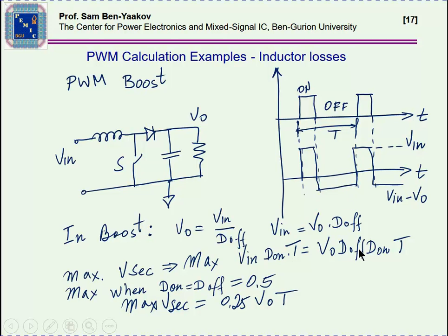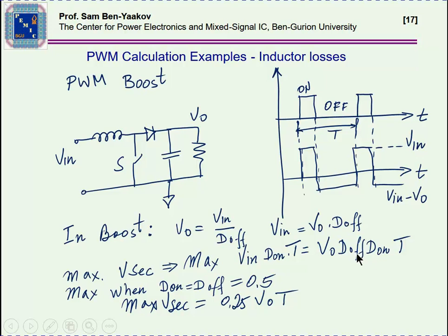Now you have a product here, D off times D on, and of course D off is 1 minus D on, and therefore when D off is approaching 1, D on is small, and vice versa. When D on is approaching 1, D off is small.